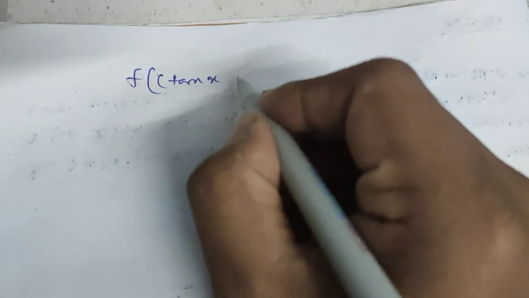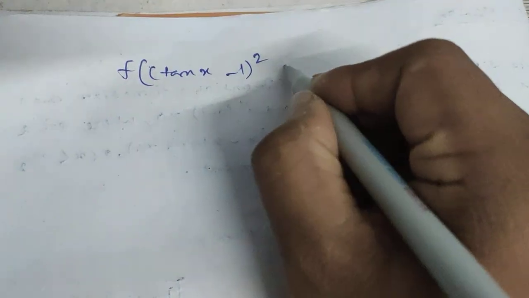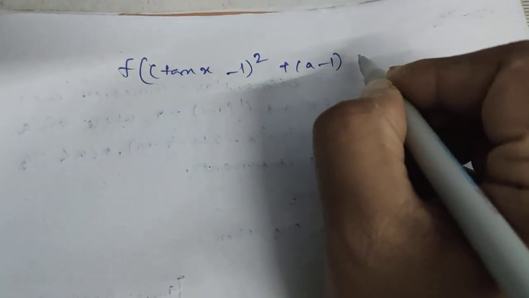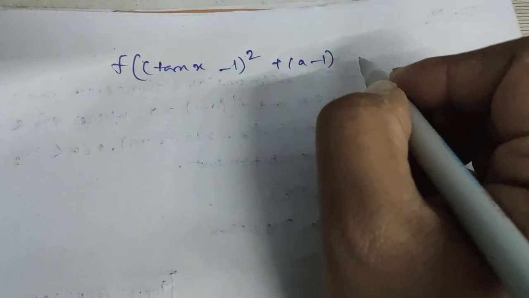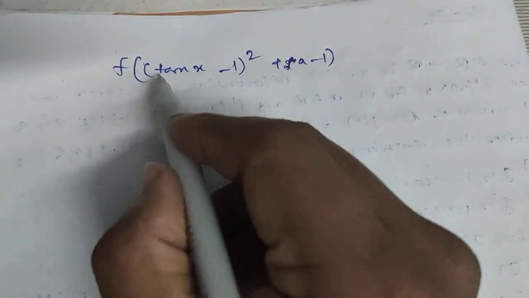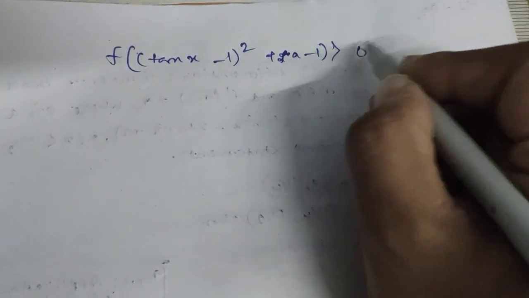Now see, what we have written earlier, f of (tan x minus 1) whole square plus a minus 1, this bracket closed, is greater than 0.